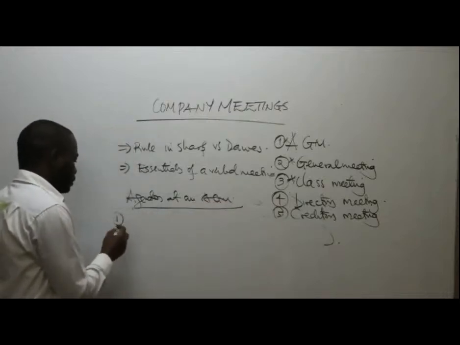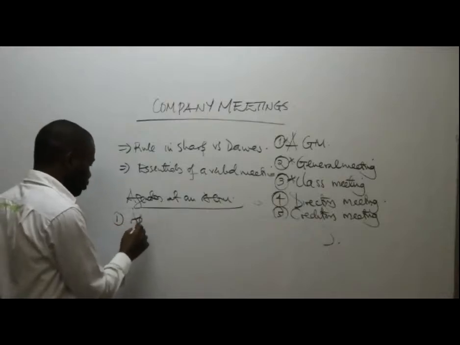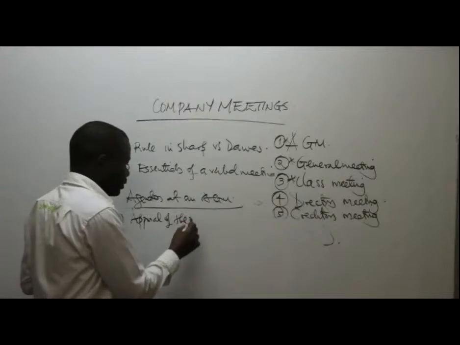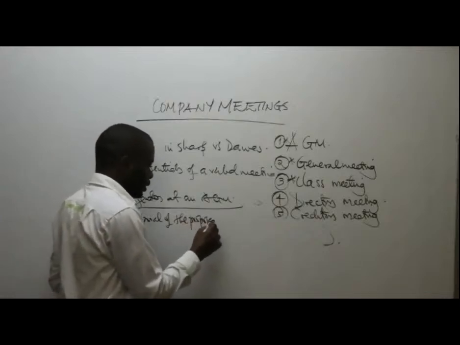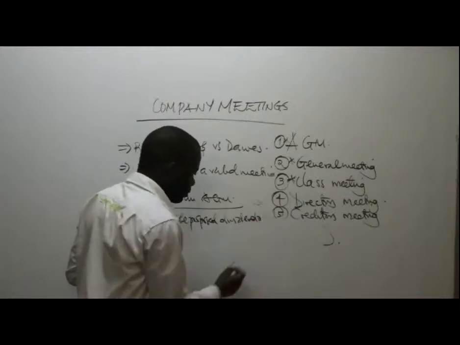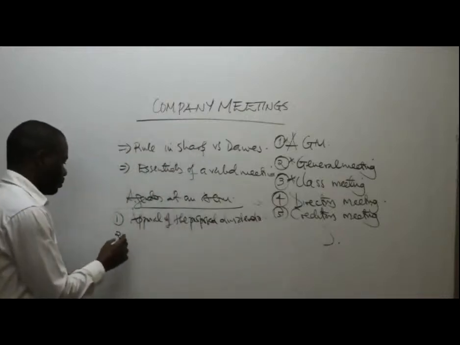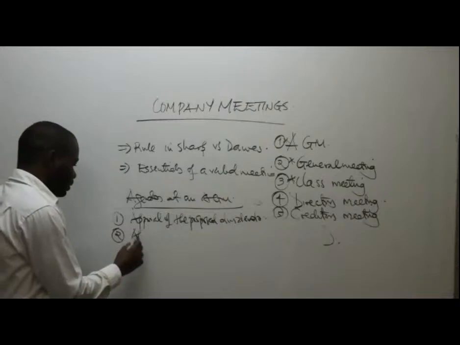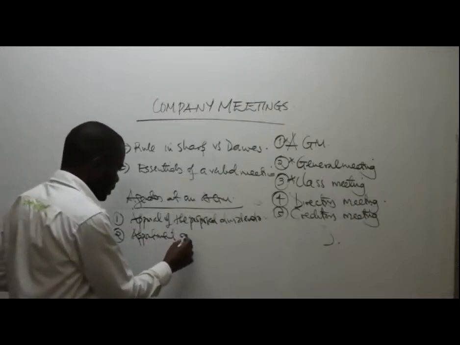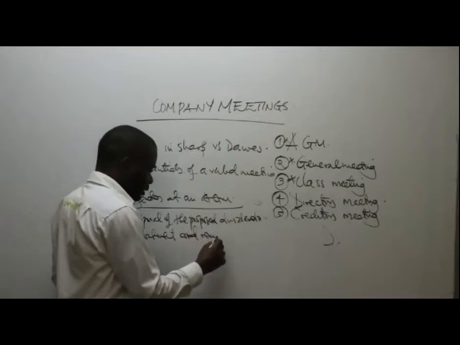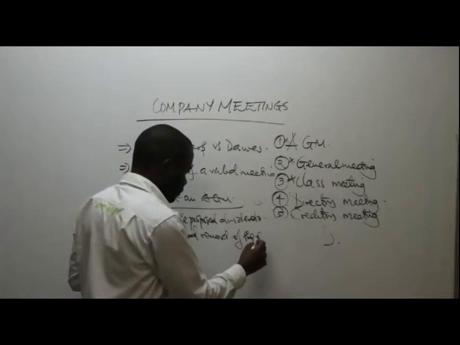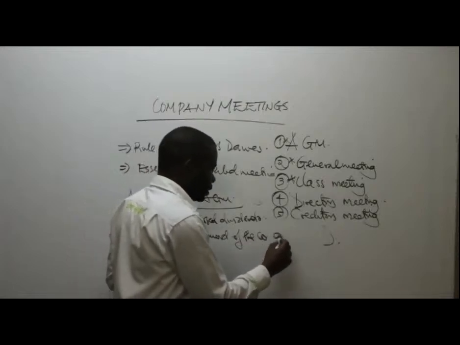Number 1 is approval of the proposed dividends of the company. There'll be the appointments and removal of the company auditors.